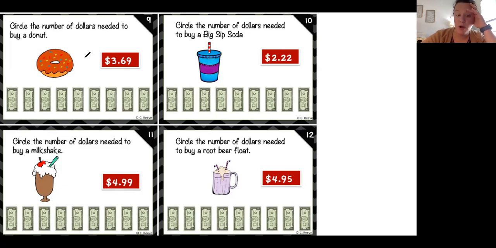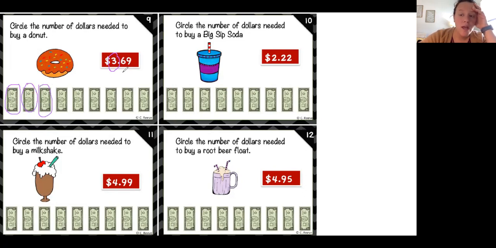Okay, so hopefully you paused the video. If you haven't paused the video, hit pause and work out this first problem right here, okay? Because I'm about to show you the answer. So remember, we always identify how many dollars are in the price. So we know this is the price, and we have $3. We can go ahead and circle these. 1, 2, 3.